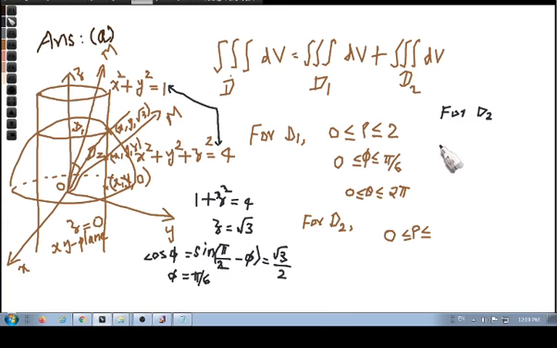It is square root of x square plus y square plus z square, which is equal to, since the point x comma y comma z lies on the cylinder, x square plus y square is equal to 1, so it is square root of 1 plus z square.